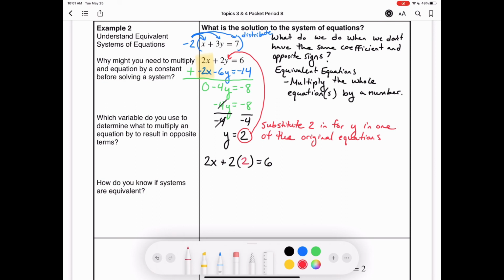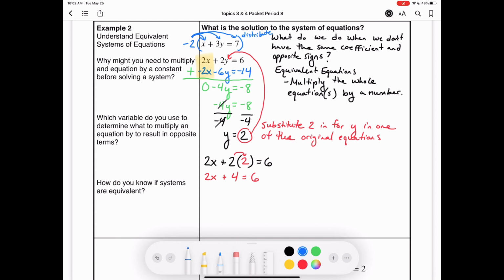Now I need to solve this equation for x. My first step for that is going to be multiplying the 2 by the 2 in the parentheses. Remember our PEMDAS, our order of operations. 2 times 2 is 4. So this would be 2x plus 4 equals 6. Next, I have to get rid of that positive 4.